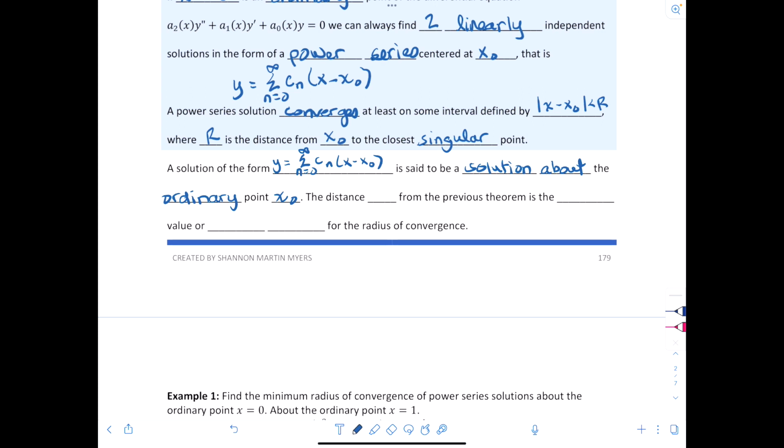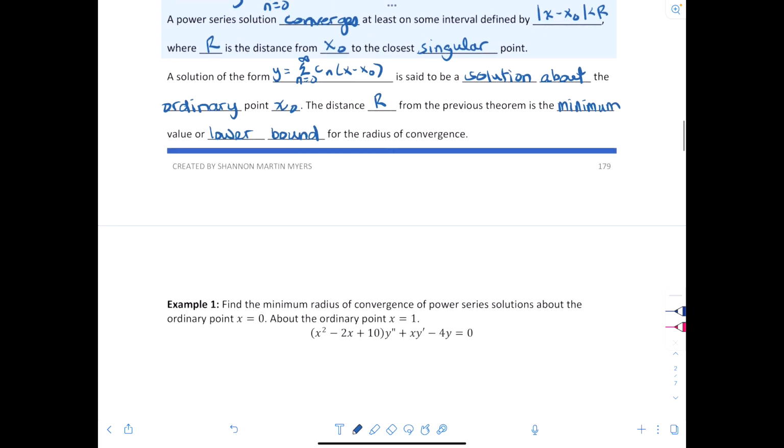The distance r from the previous theorem is the minimum value or lower bound for the radius of convergence.